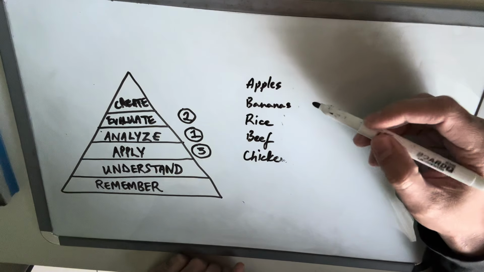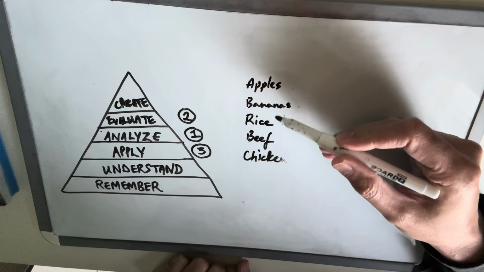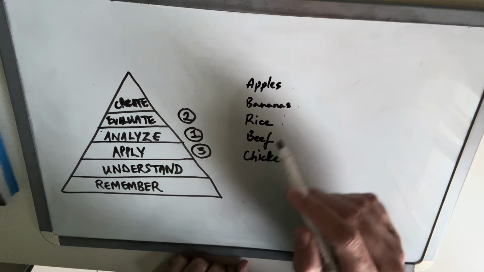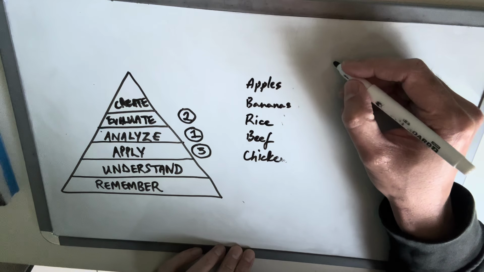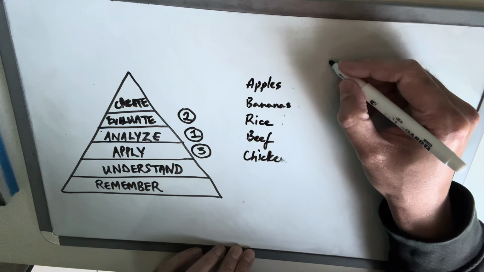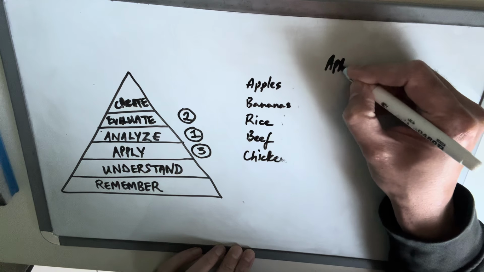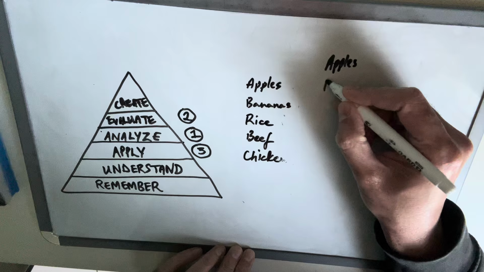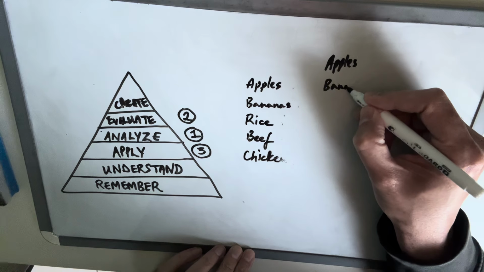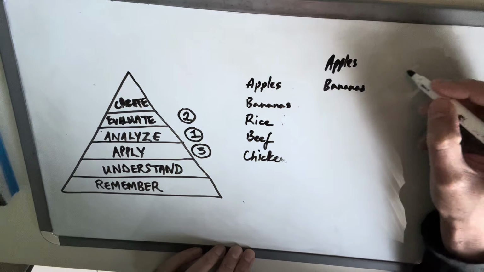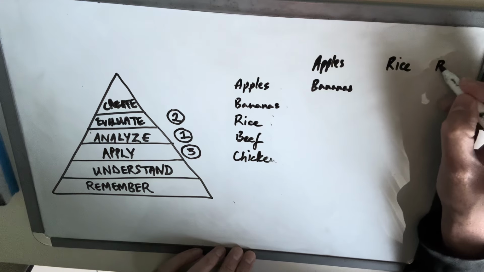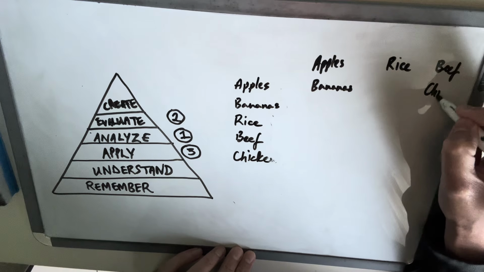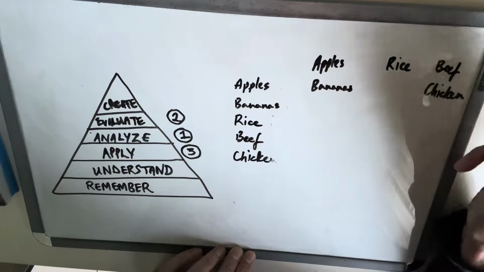Now you can see here that if we compare and contrast, which is what we do when we analyze, we group the words into groups that are related. So you would say apples and bananas would form one group, and then rice would form a second group, and beef and chicken would fall into the final third group.